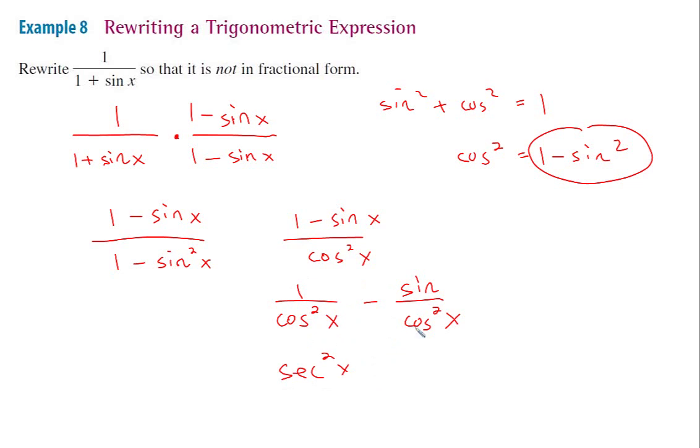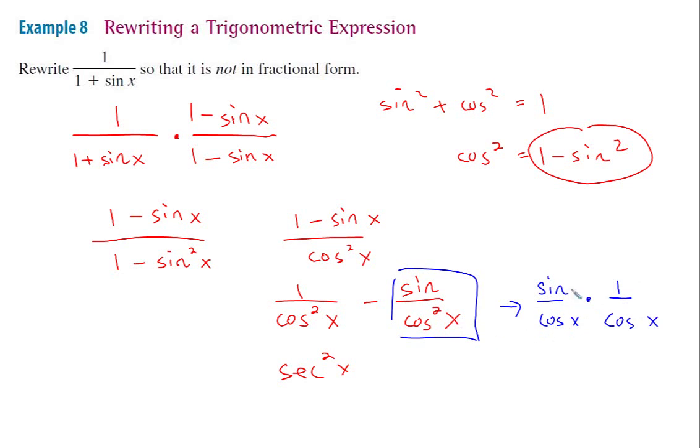Over here, let me transition this. I'm going to rewrite it: this is the same thing as sine over cosine times 1 over cosine, because cosine times cosine gives me cosine squared.